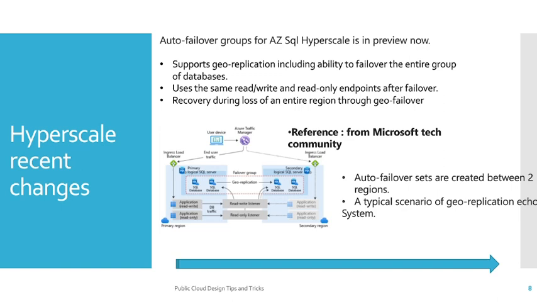The read-write listener will redirect the request based on the server which is available, and the Auto-Failover group makes sure the request always goes to the right server. Whenever the primary server is down, the request will go to the secondary server. That's how Auto-Failover groups enable higher availability of Azure SQL Hyperscale database.